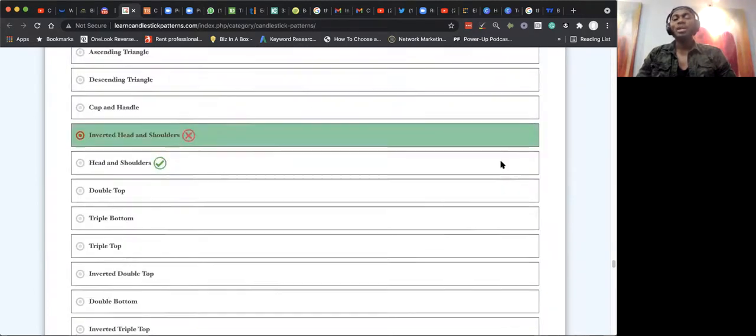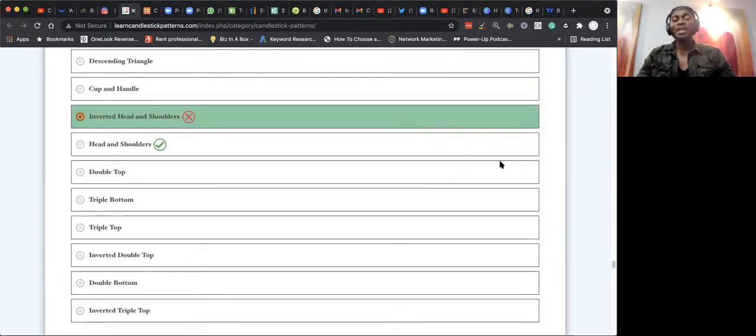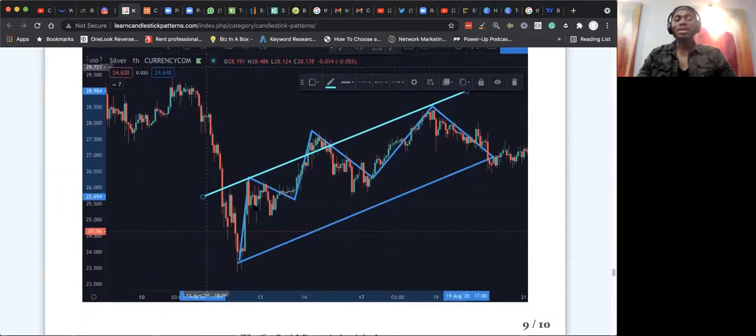So if this is a head and shoulders, let's look at how that's formed. It's formed because they took the time to draw your trend lines. Like I said, you must draw your trend lines. When you draw your trend lines, then you're able to see, if it's a channel, a clear resistance and support line.